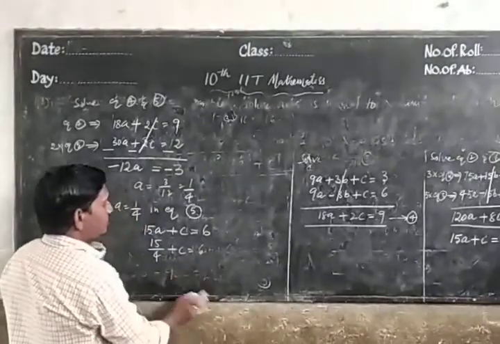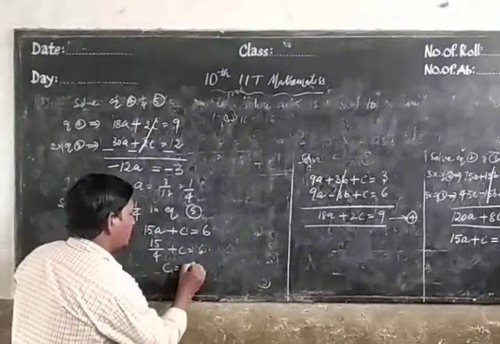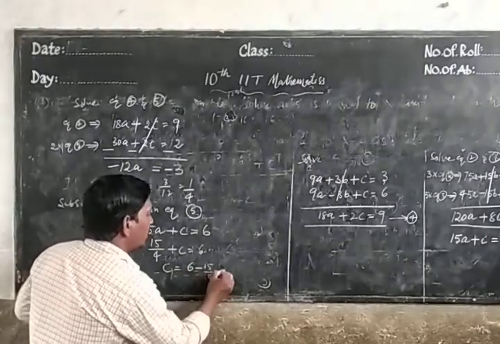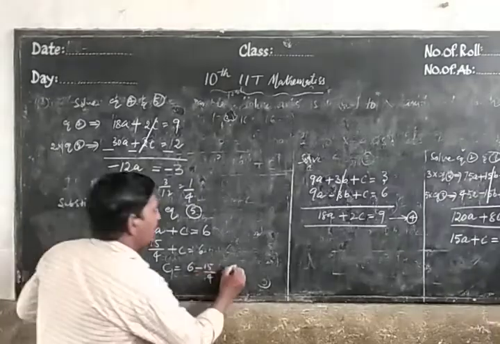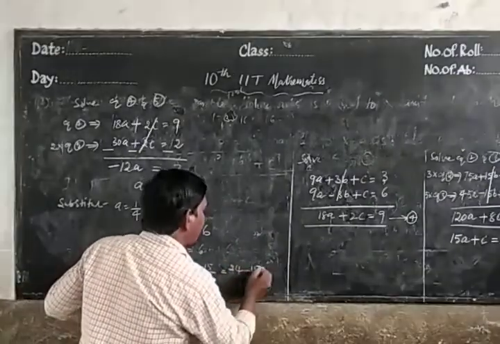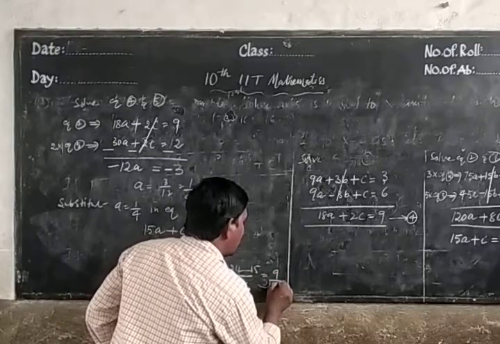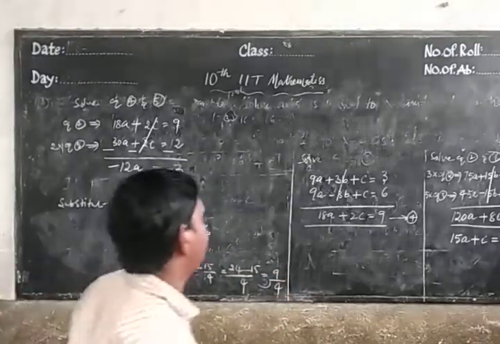Now c equal to 6 minus 15 by 4, that means 24 minus 15 by 4, that means 9 by 4. What is the c value? 9 by 4.